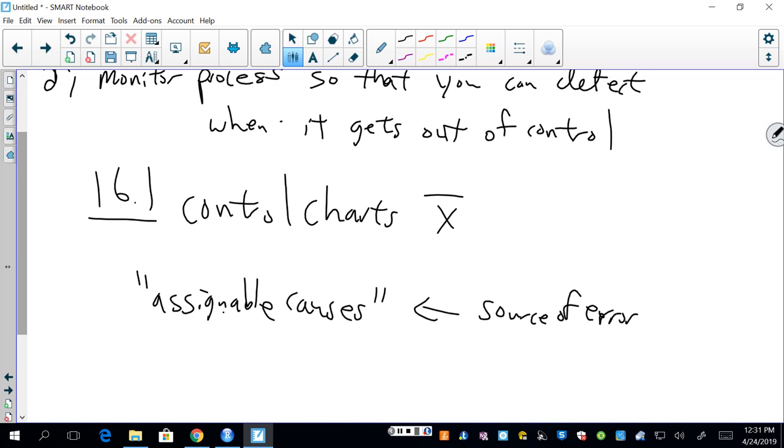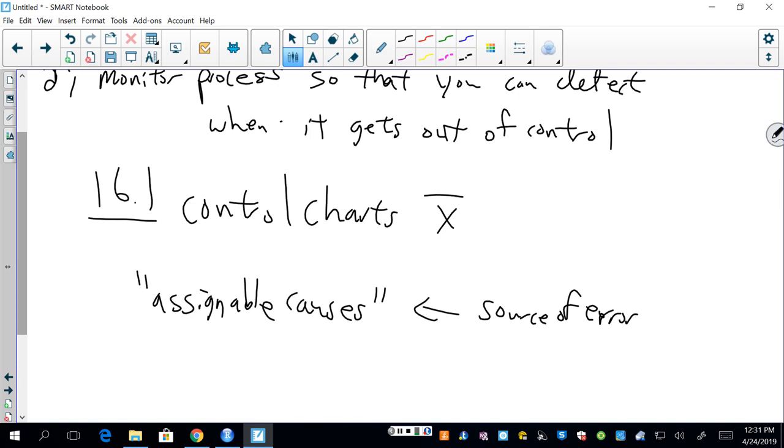At some point the average will go out of that range, and that will be a signal to us that we need to investigate. Can you assign the source of the deviation or the malfunction to any particular thing? It's not so much a statistical term, but in engineering language that's what you'd be looking for.